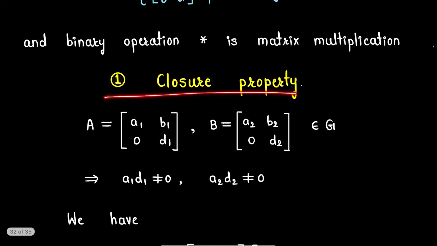The first property is closure. For this, consider any two matrices A, B in set G. As A, B are in G, we have the product of diagonal entries a1 d1 not equal to 0 and a2 d2 not equal to 0.